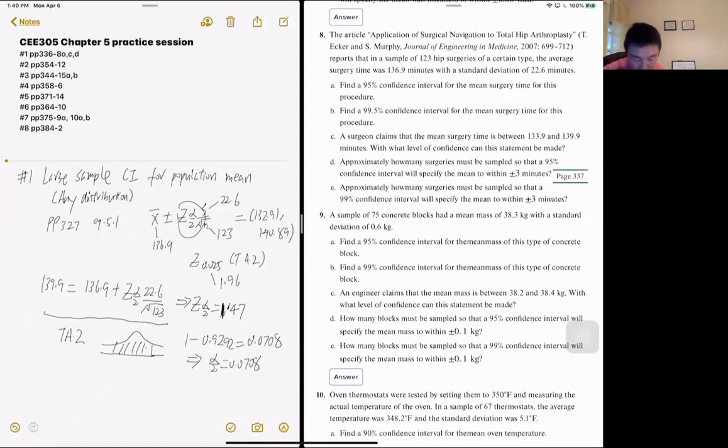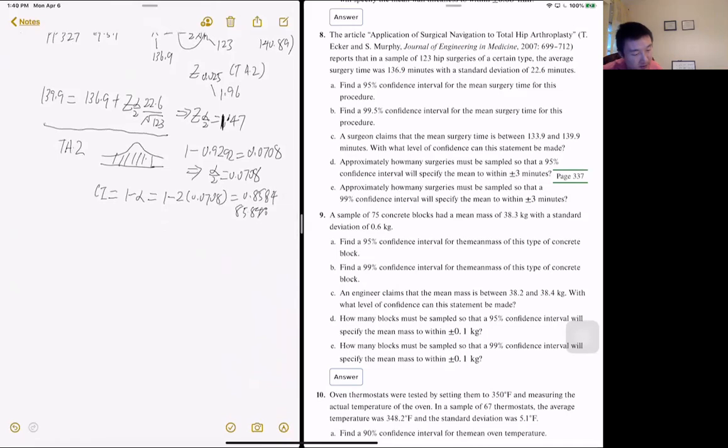Then the confidence level, which is 1 minus alpha, is equal to 1 minus 2 times half alpha. So this is 85.84%, and this is the confidence level. This is part B.